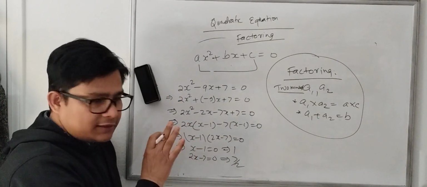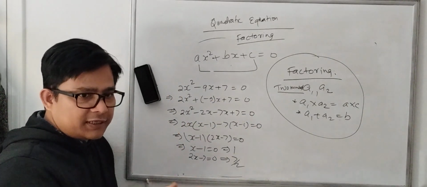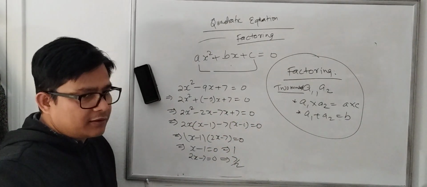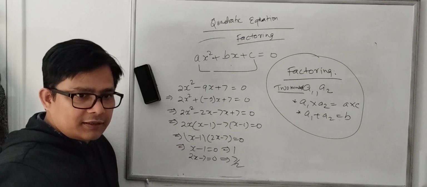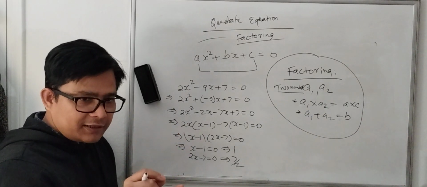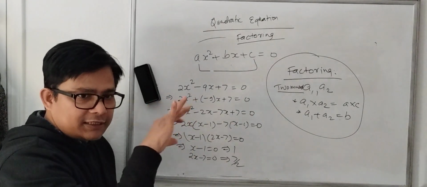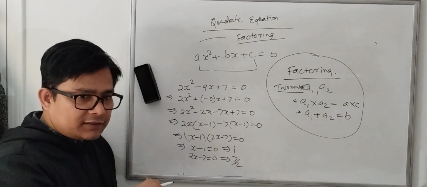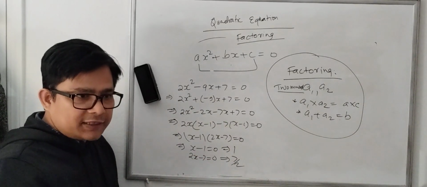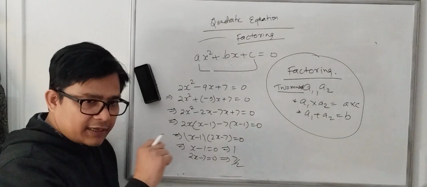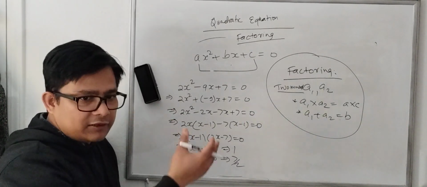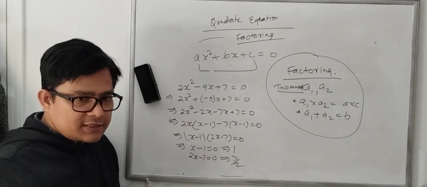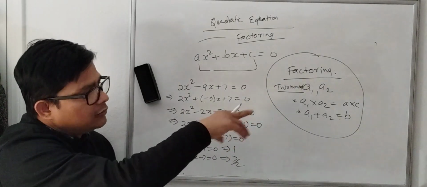We took all the factors and tried to find the combination so that the sum will be B. You can put minus sign. First, find the positive numbers. You might have A times C as some negative number. So what you do, take the absolute value, find out all the factors, and then try to find the combinations in such a way that even if you have to put some negative sign in front of one or both values, you will get A1 plus A2 is equal to B. The goal is to find two numbers that will satisfy those two conditions.